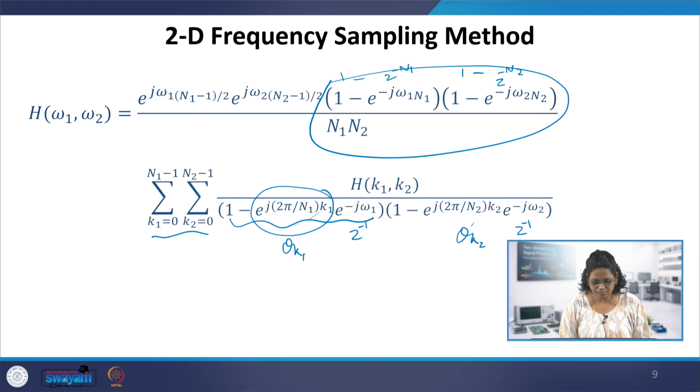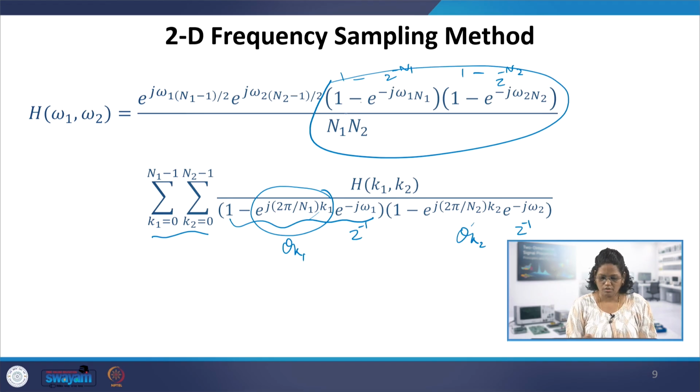So here the one which is due to the resonator, this is another resonator, and h of k1 comma k2, which is a constant minus 1 power k, we got it, and that into n for the maximum. So we divided by n, that is n1 into n2 here. So that compensation is done instead of having it by n1 n2.